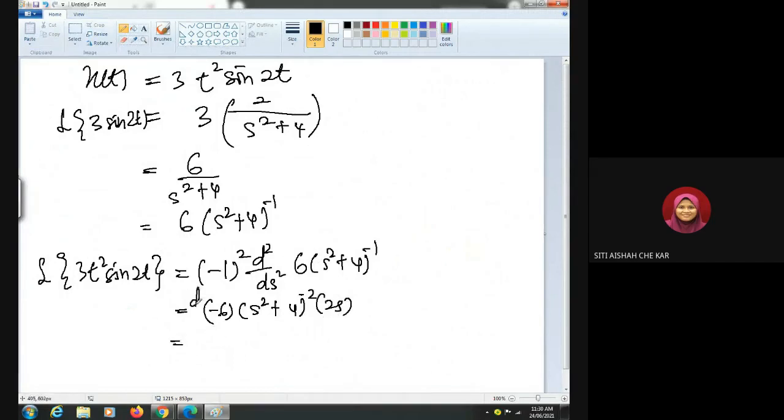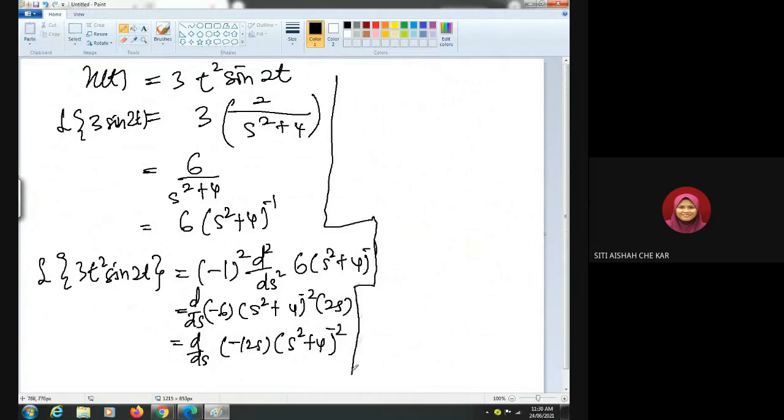Okay. So dds which is negative 12s, s square plus 4 negative 2. So this one you have to use apa tu? UDV. So this is U, this is V. So UDV minus VDU.